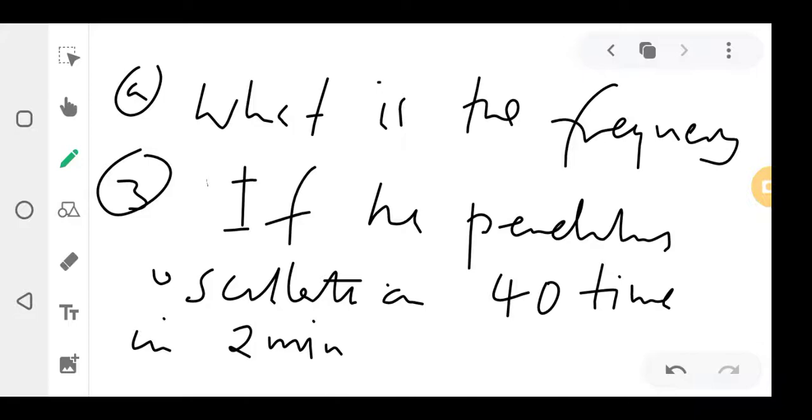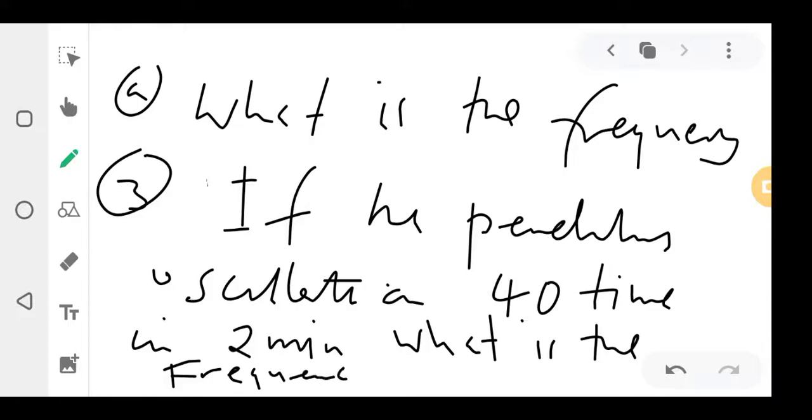Remember what I said about minutes, huh? You know what to do to convert them. What is the frequency and period? So you calculate the frequency and then you calculate the period as well.